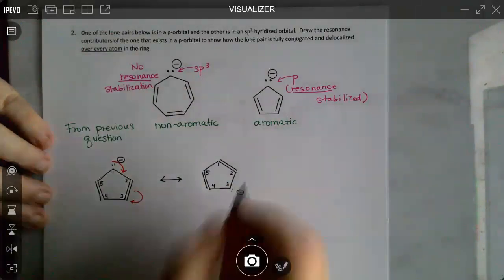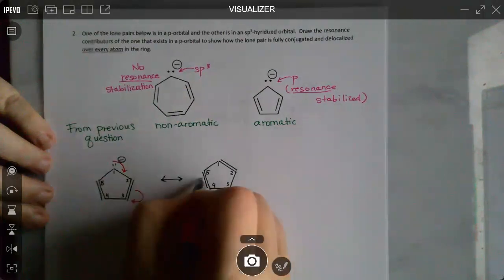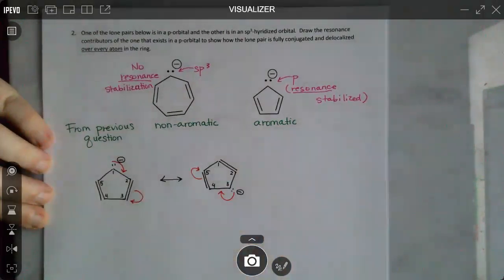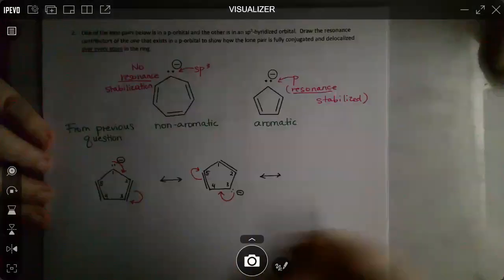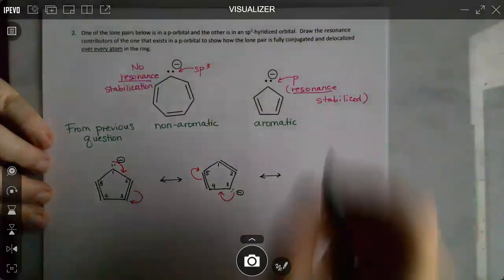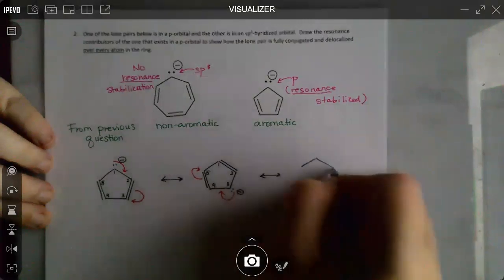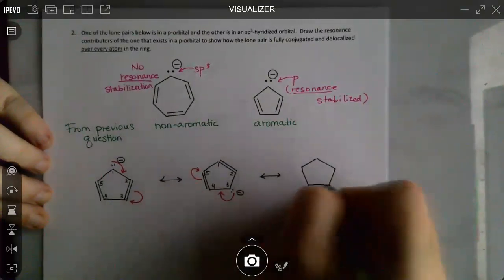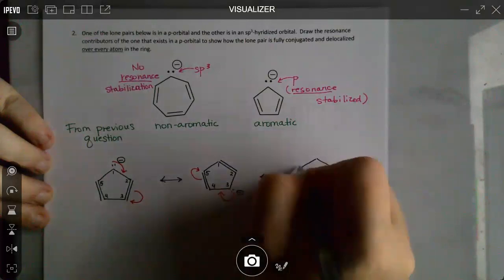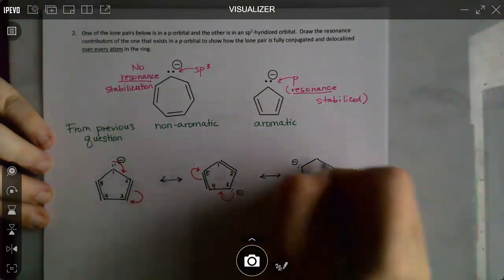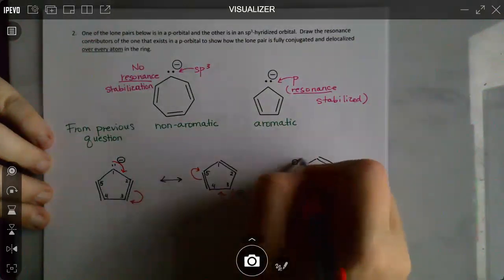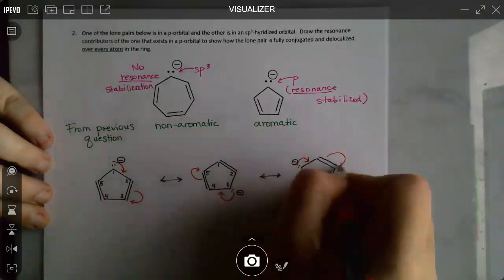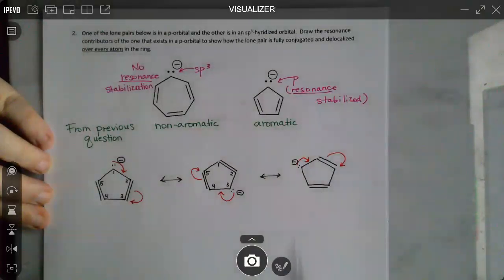Then we're going to keep going, and it's going to move to carbon number 5. So now we're on carbon number 5. We're going to keep going. Carbon number 2.